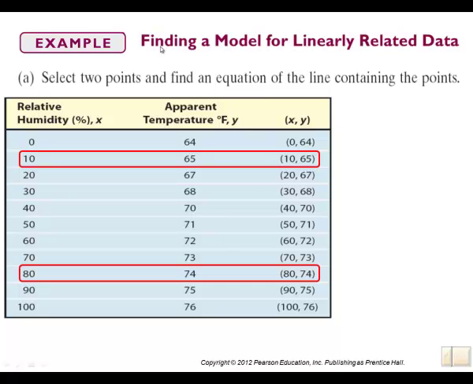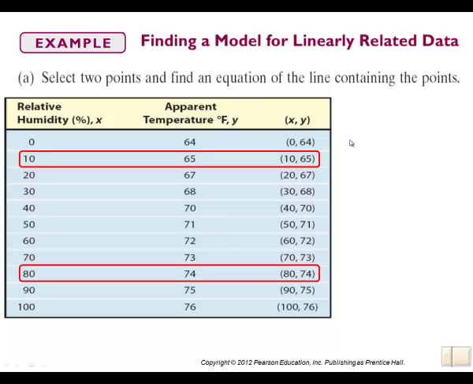Okay, so we want to find a model, a mathematical equation, for linearly related data. And so we look at 2 points. Usually you want to look at a point that's at the beginning of the table and a point that's at the end. You don't want anything that's too close, because then you really don't get a very good relationship that way. So here this graph shows (10, 65) as one point and (80, 74) as another point.